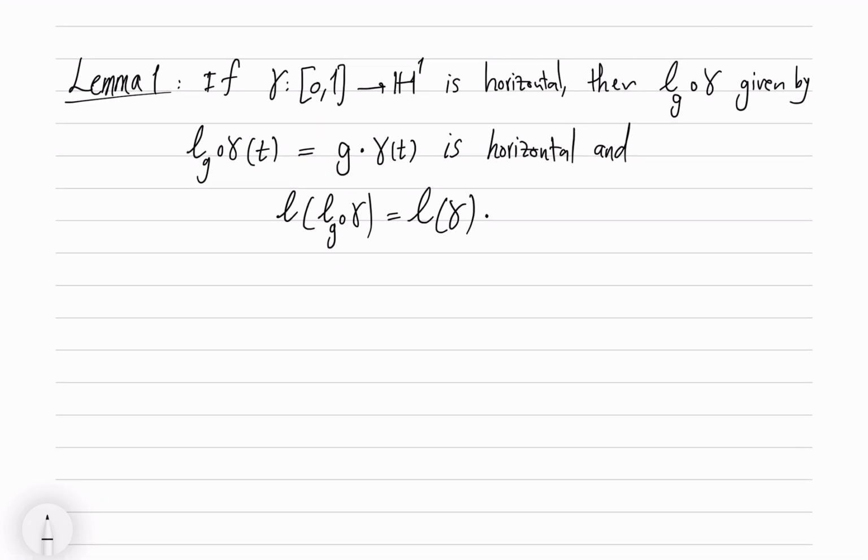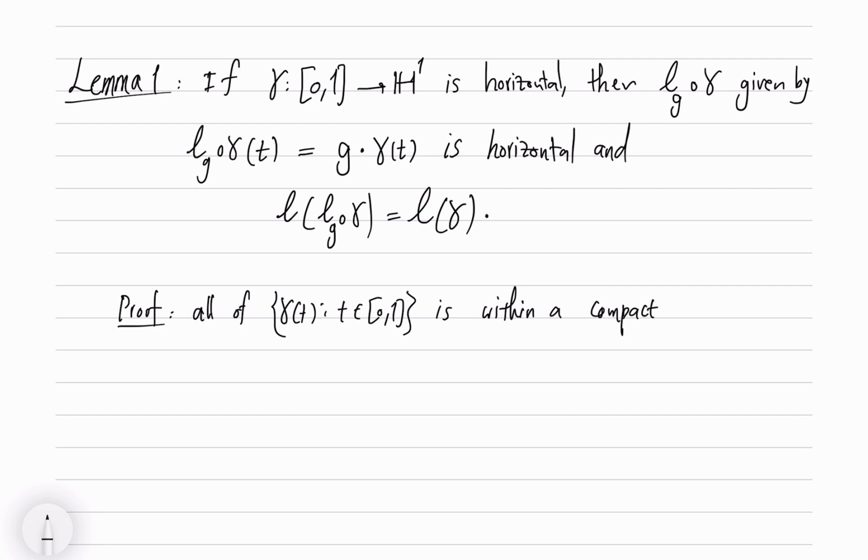Well, we know that the image of gamma(t) is within a compact set, so L_G is Lipschitz on this set.